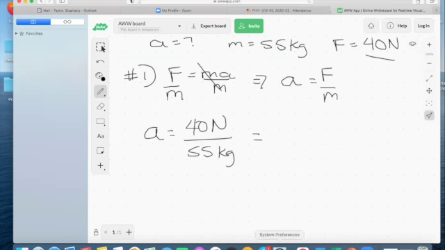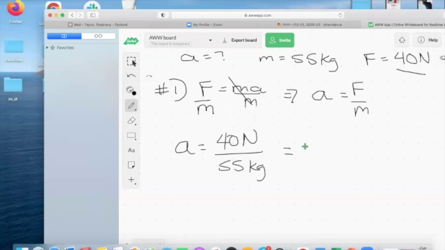You should have gotten 0.727, or you can round to 0.73, or 0.7 meters per second squared.